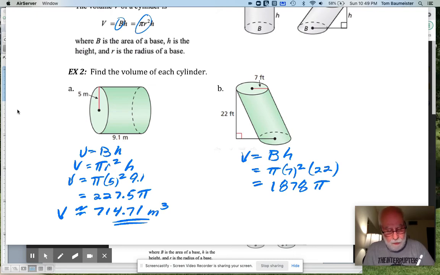That's exact. If they ask me to round to the nearest hundredth, 3,386.64 cubic feet.